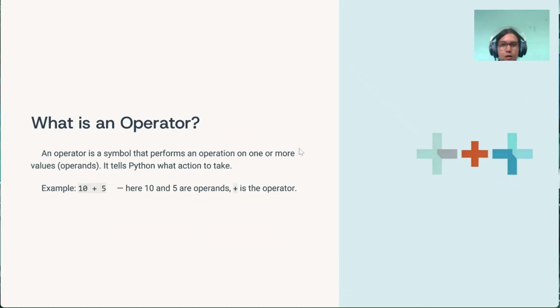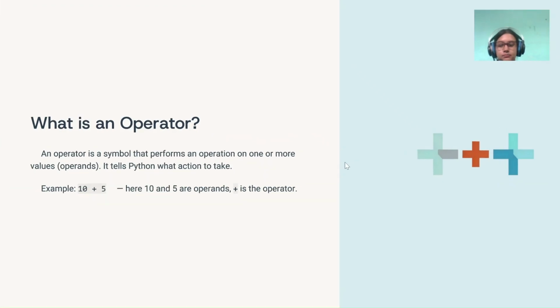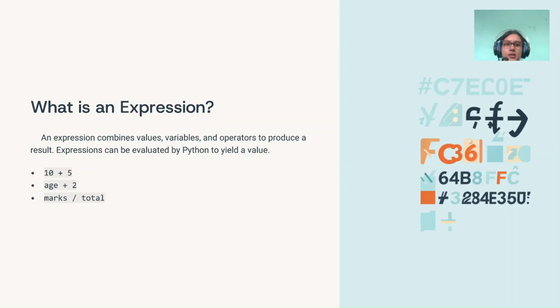So what is an expression then? An expression is very closely related to operators, right? Because you need an operator in the expression. An expression combines values, variables, and operators to produce a result.